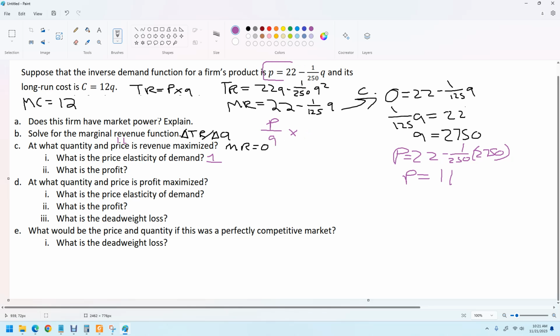So let's rearrange this function over here to give us the regular demand function. So it would be 1/250th Q equals 22 minus P, and then multiply 250 times everything.